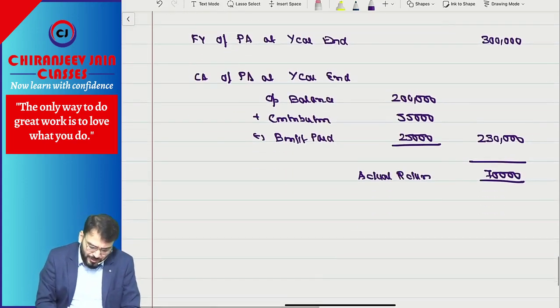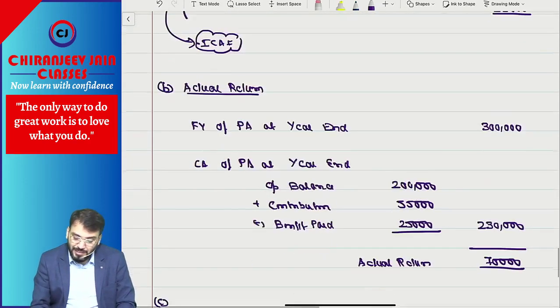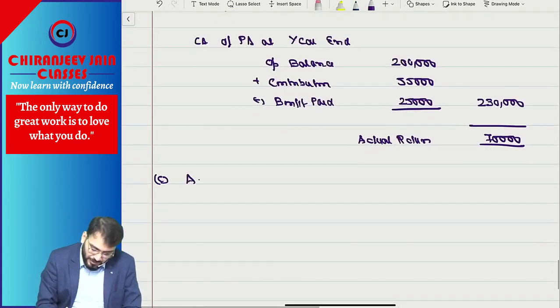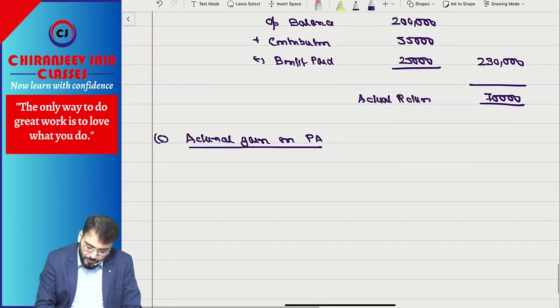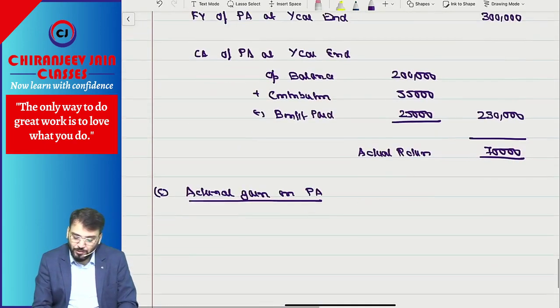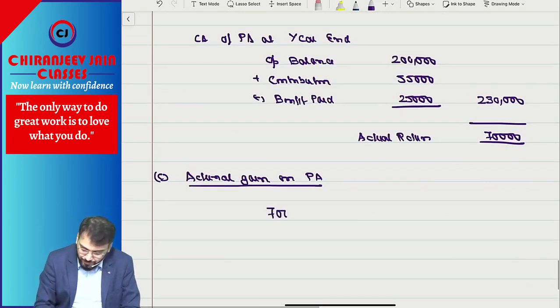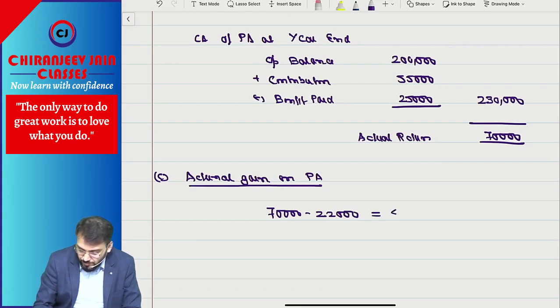Now they have not asked, but can you give me the actuarial gain? In this actuarial gain, actual gain on plan asset is 70, expected is how much? 22. So 70 minus 22 is equal to 48,000. Understood?